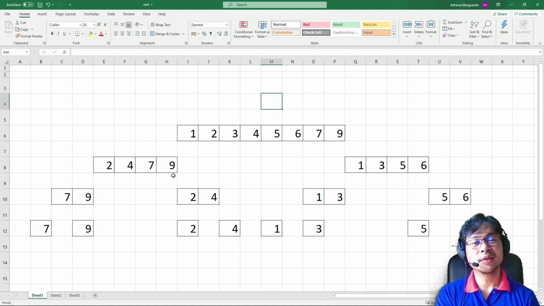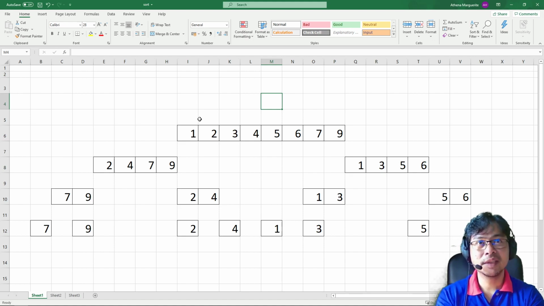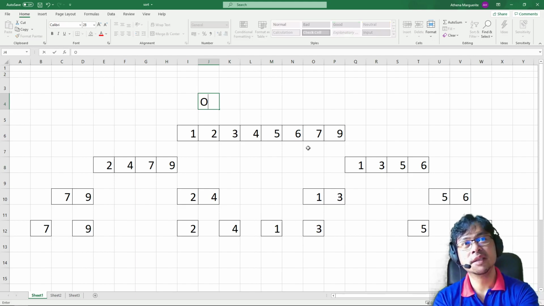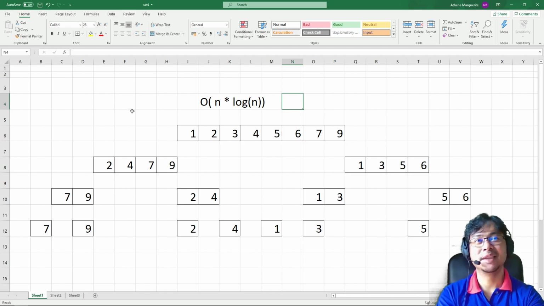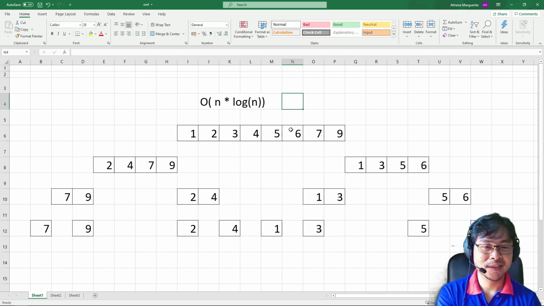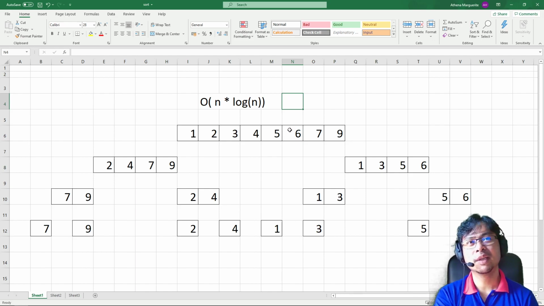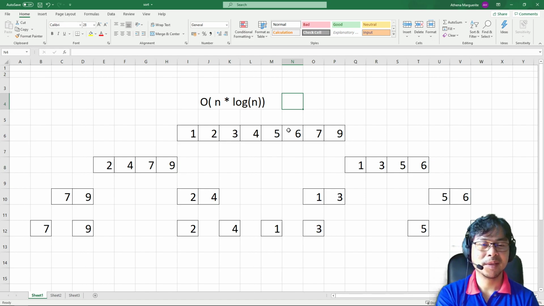And looking at the time complexity of this algorithm, it will be, again, using the O notation, O of n multiplied by log of n. Ayan. So medyo question mark na naman. So what's that? What's n multiplied by log of n?